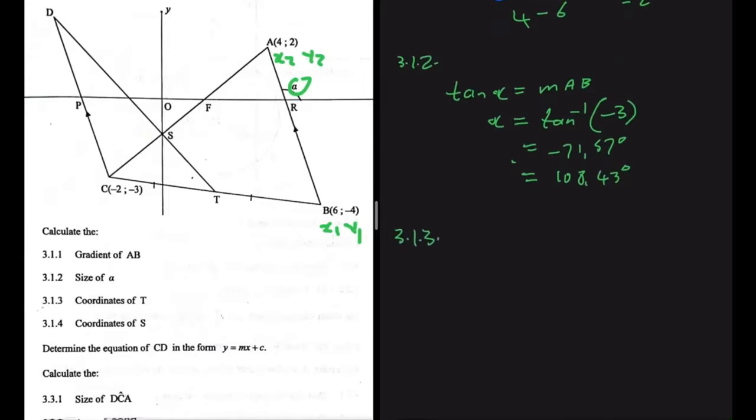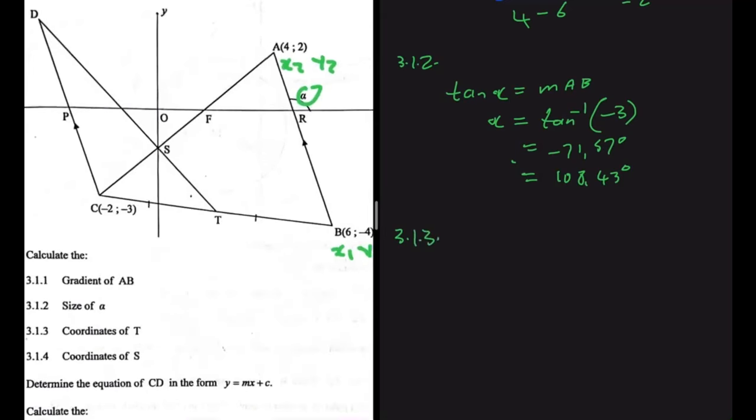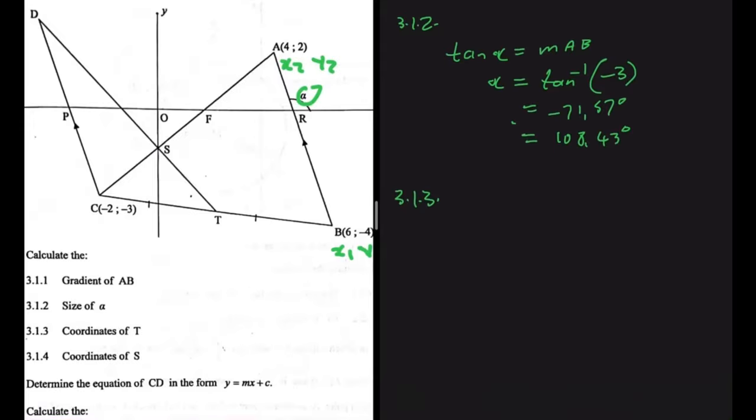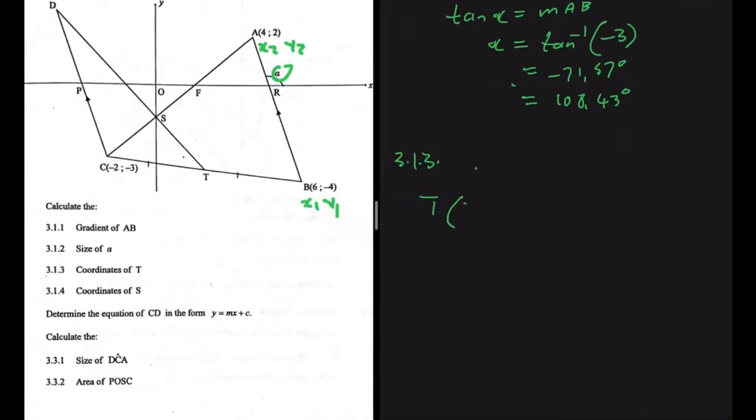We're moving on to 3.1.3, which says let's calculate the coordinates of D. We can say that T is the midpoint of CB because CT is equal to TB, so we're going to use the midpoint theorem. For T, we have x2 plus x1 divided by 2 for the x coordinate, and y2 plus y1 divided by 2 for the y coordinate. Let B have coordinates x1 and y1, and let C have x2 and y2.